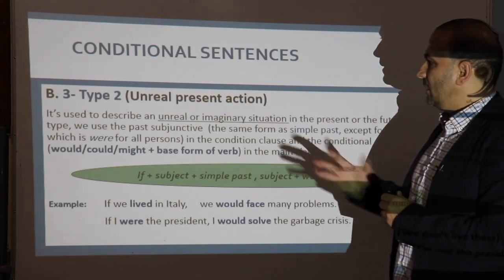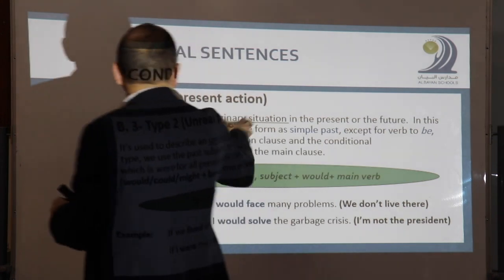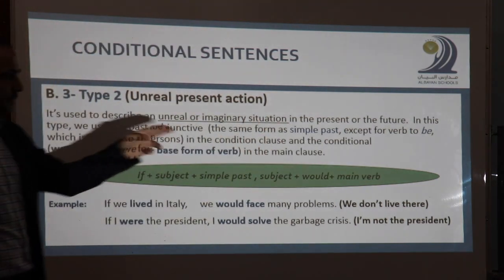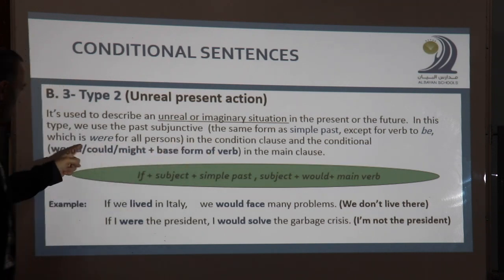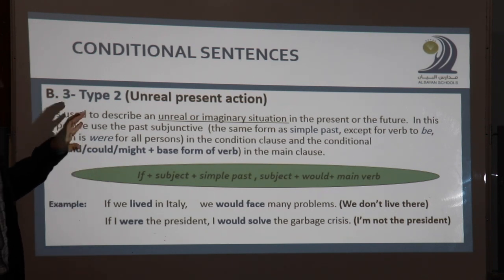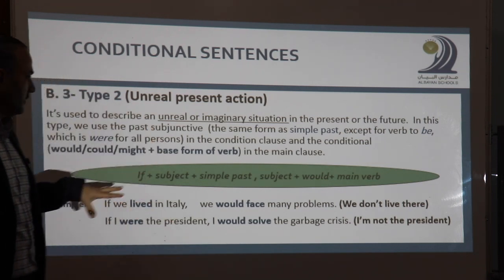So with the conditional one, we use the subjunctive past, all the forms of simple past, but we have the verb to be used with what? Were, not was, because you must say if I were, not if I was. There is a misconception about such a grammatical form.